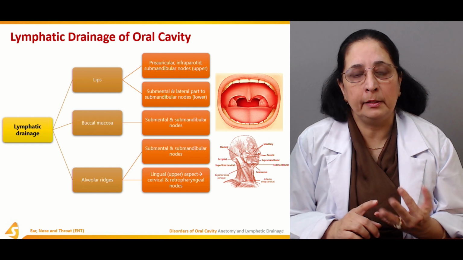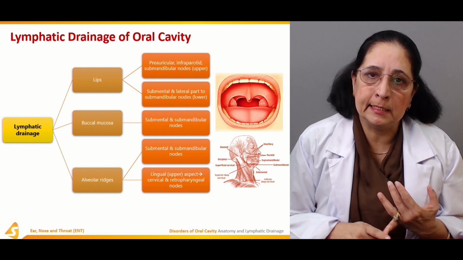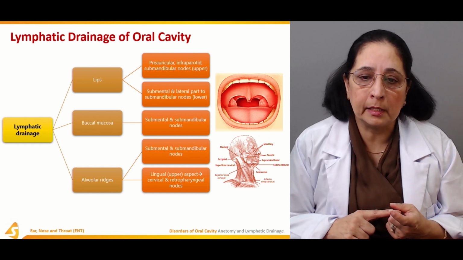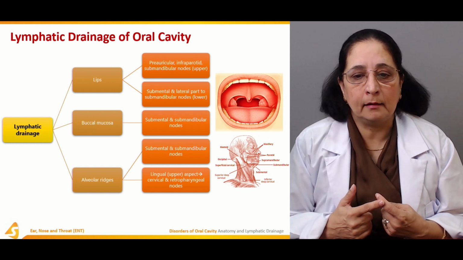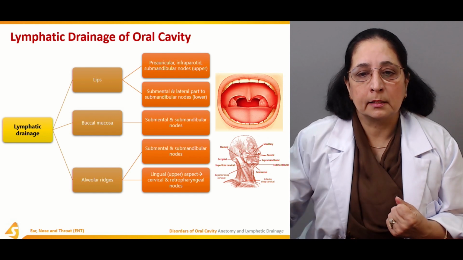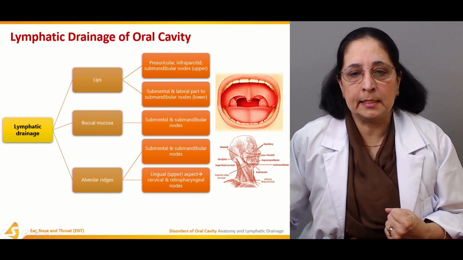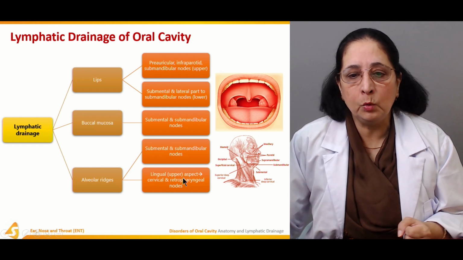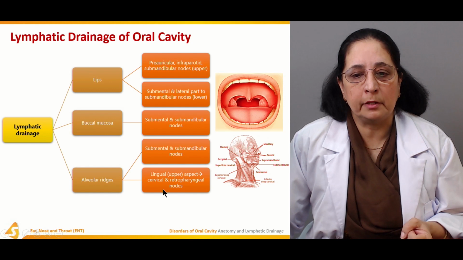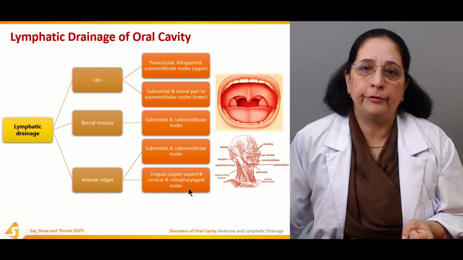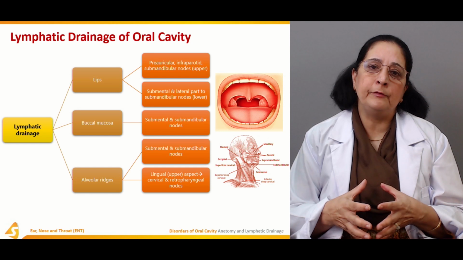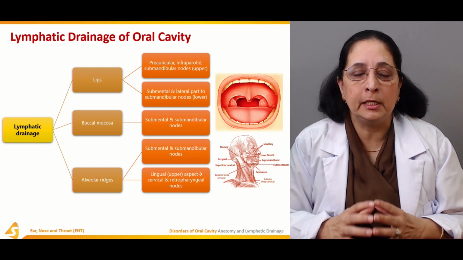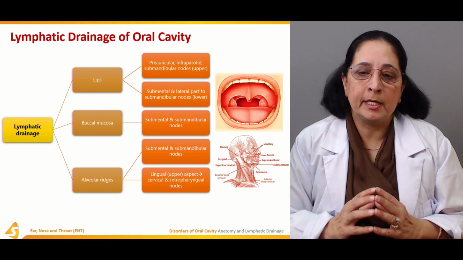The common ones are the submental and submandibular lymph nodes, then the preauricular lymph nodes, and then the lingual upper aspect goes into the cervical and retropharyngeal nodes. So these are the main five groups of lymph nodes where the lymphatic drainage of the oral cavity drains.